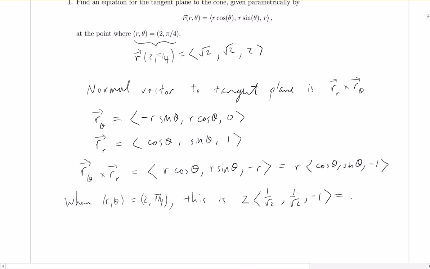Which, if you like, we can multiply the 2 in. So this is square root of 2, square root of 2, minus 2.